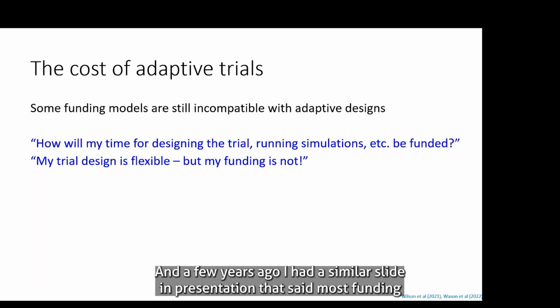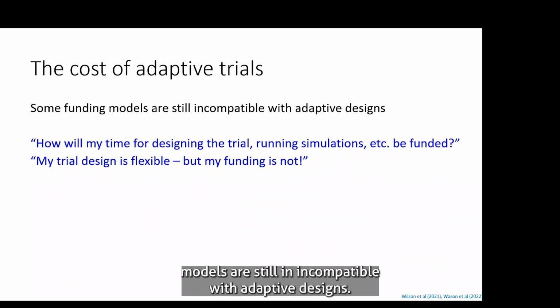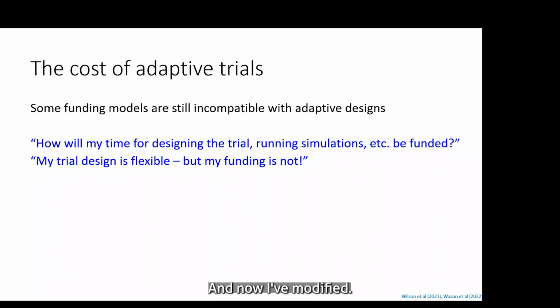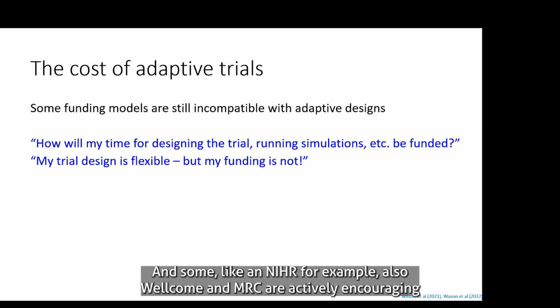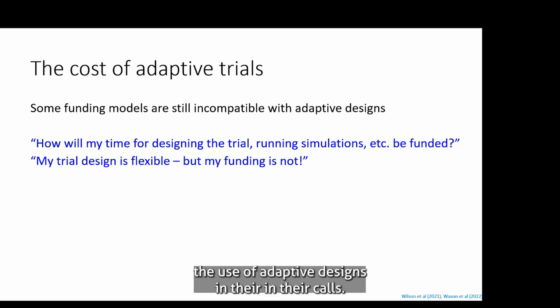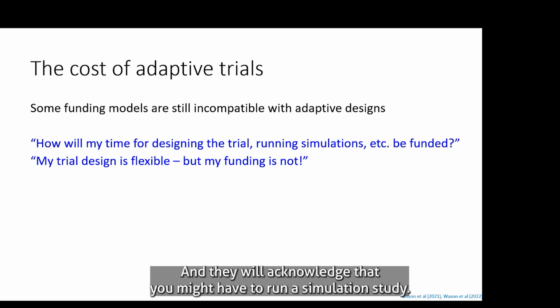And a few years ago, I had a similar slide and presentation that said most funding models are still incompatible with adaptive designs. And now I've modified it, and now I would say some funding models are still incompatible with adaptive designs. But funders are becoming more and more appreciative of those designs, and some like NIHR, for example, also Wellcome and MRC are actively encouraging the use of adaptive designs in their calls, and they will acknowledge that you might have to run a simulation study.